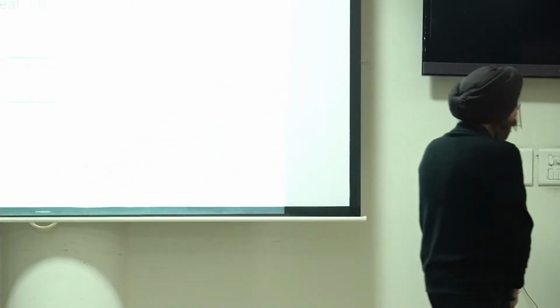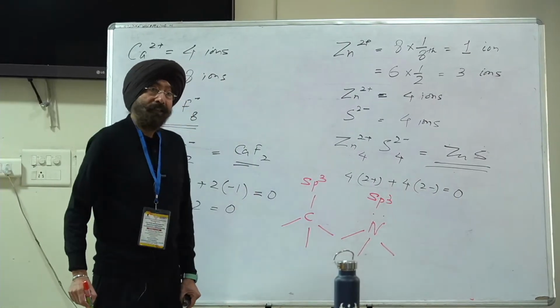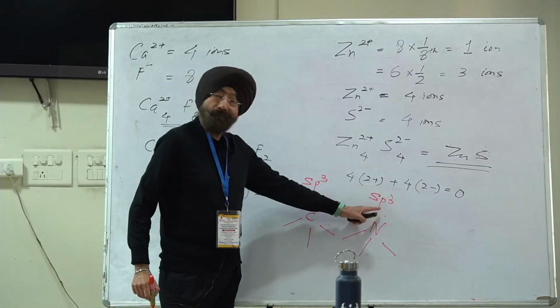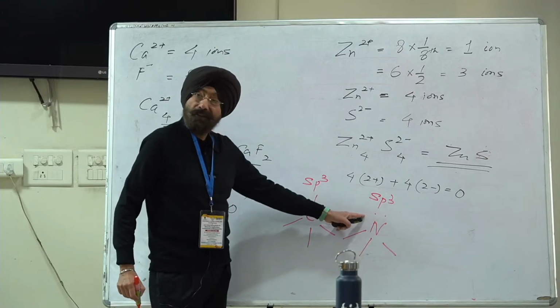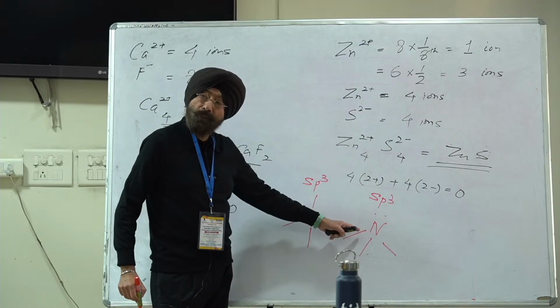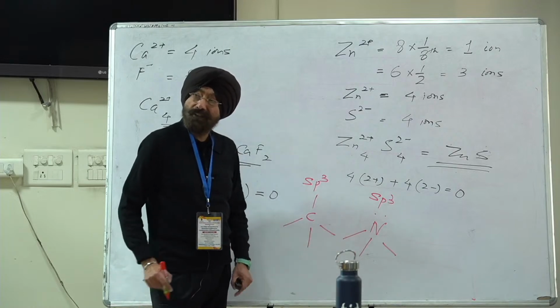Why do we still have tetrahedral in both cases? There is no bonded position here, while here you have the bonded position. But when we do not have the bonded position, can't it be sp2 because there are three bonds?